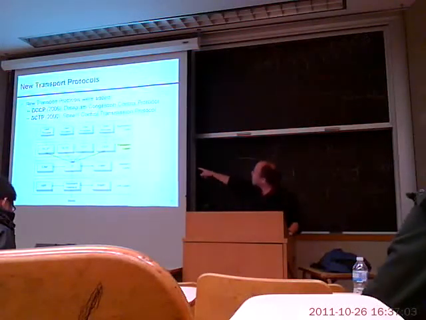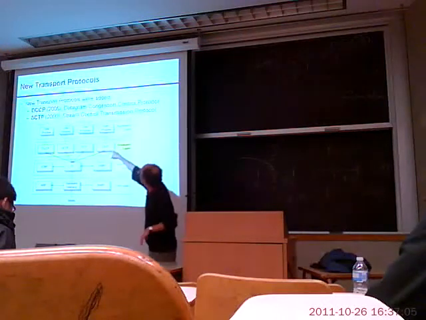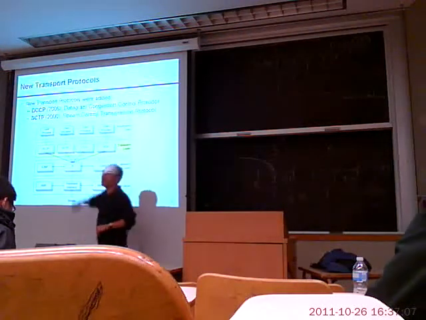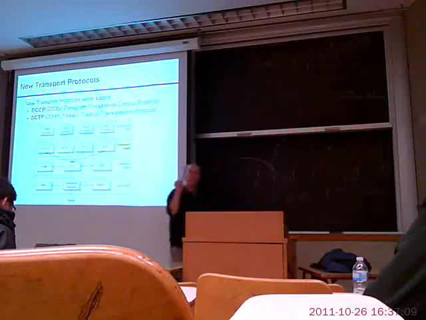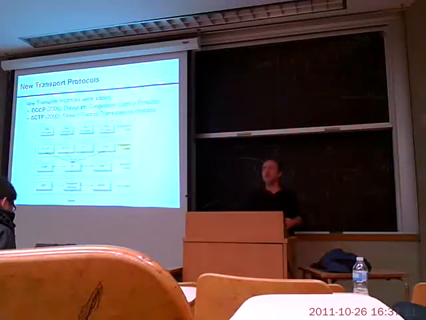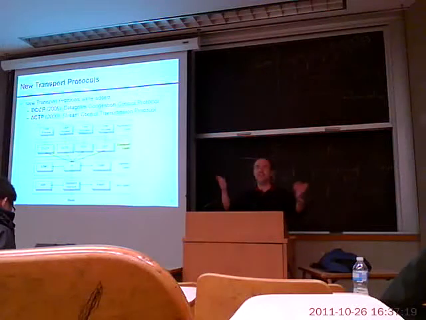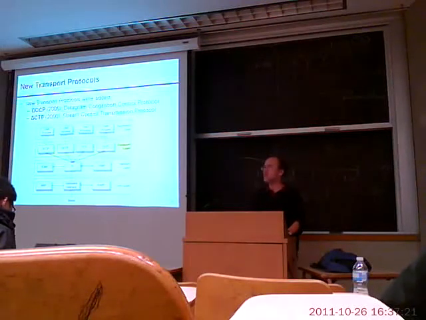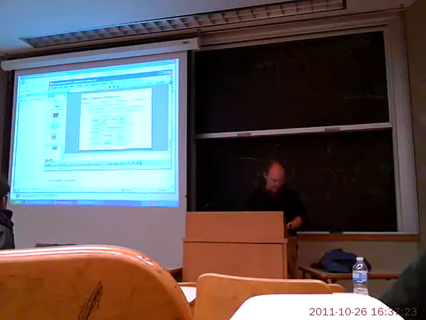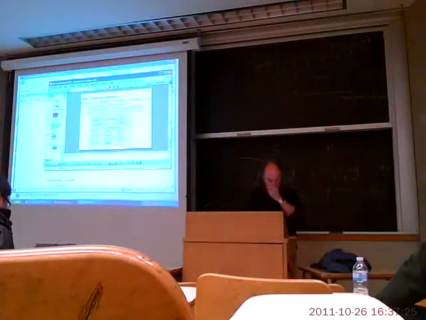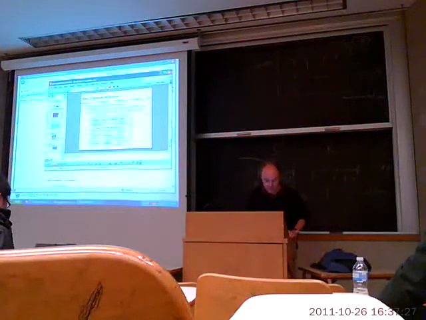These were standardized very recently, 2006 and 2000. TCP is from 1974, and UDP, we don't care about it. That's been there forever because it's just IP data. All right, let's see. So now I can start the part on TCP.